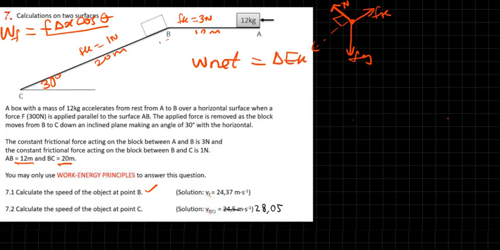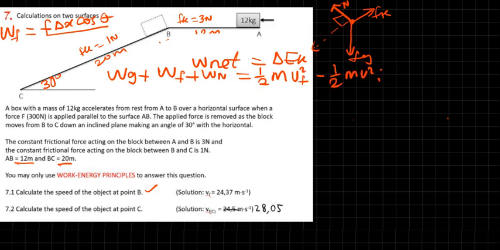So now what are the forces? We are looking at work done by the gravity plus work done by the friction plus work done by the normal is equal to the change in the kinetic energy, which is half mv squared final minus half mv squared initial.